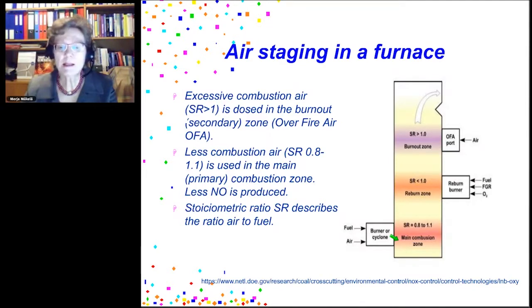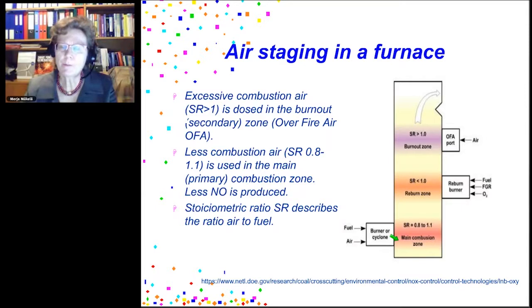It means that we have less combustion air in this main combustion zone, and this results in less nitrogen monoxide.